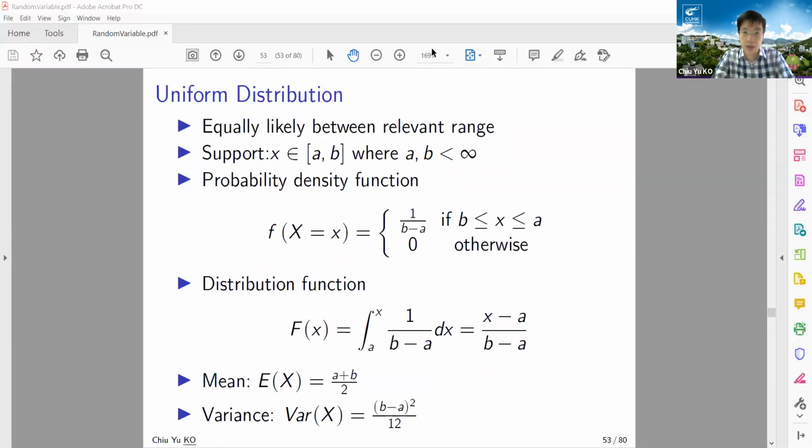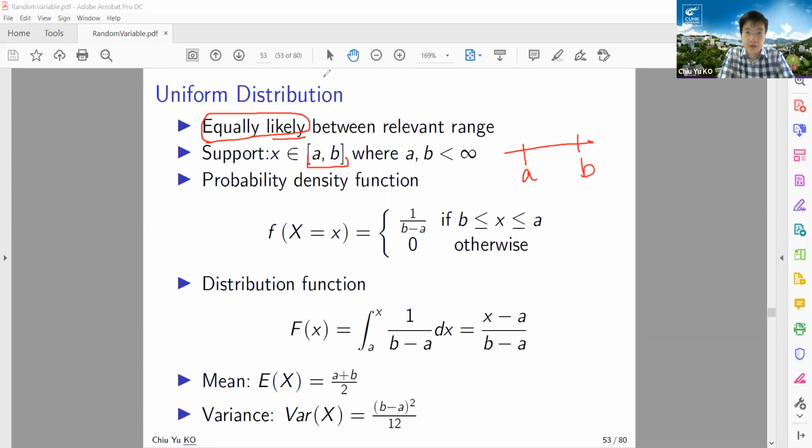So uniform is saying that everything is equally likely within the relevant range, between A and B, okay?